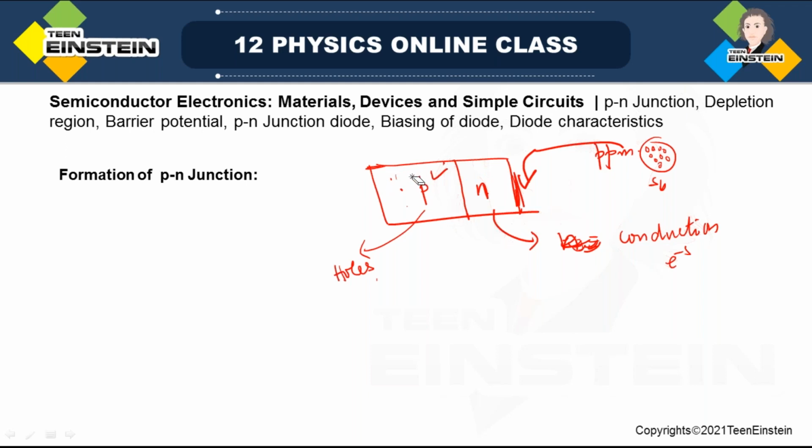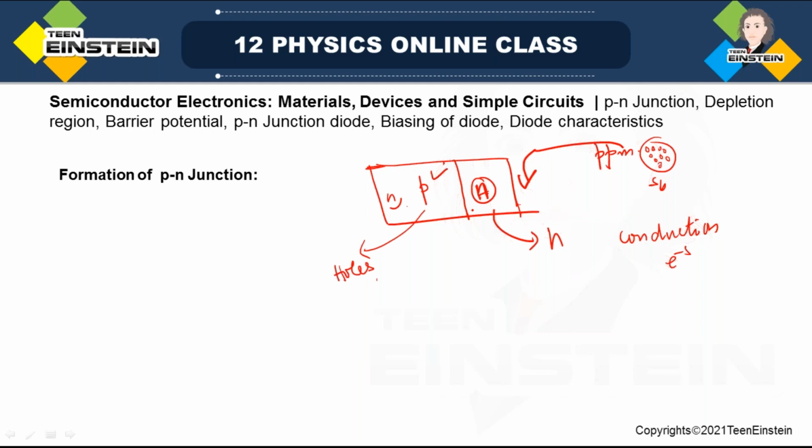So there will be a gradient in the concentration level, which is called the concentration gradient. You have a large number of holes here and a small number of electrons, and here a large number of electrons and very few holes.